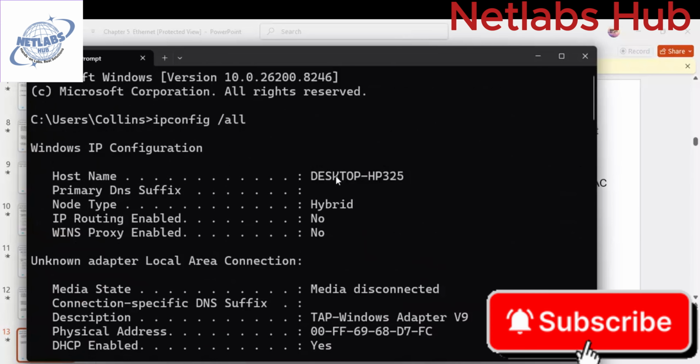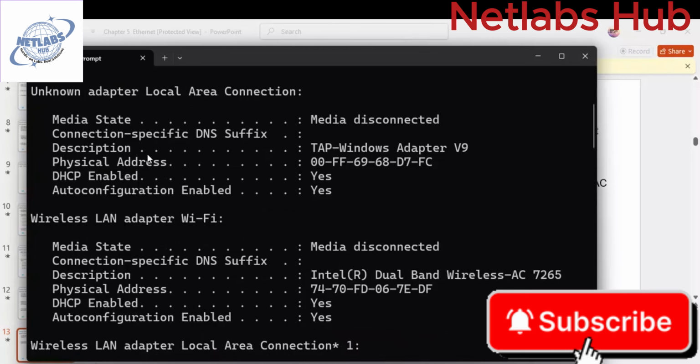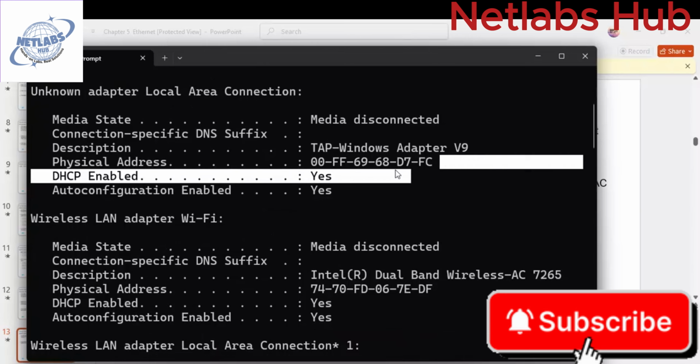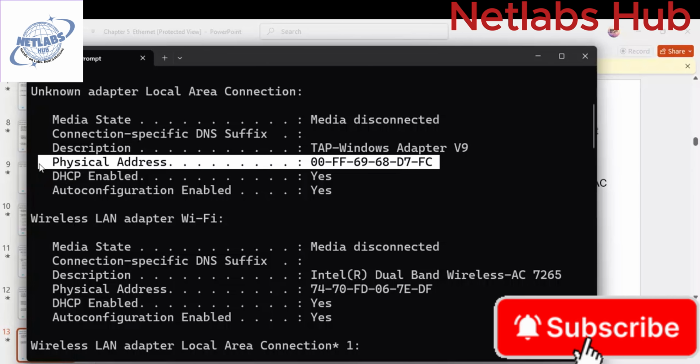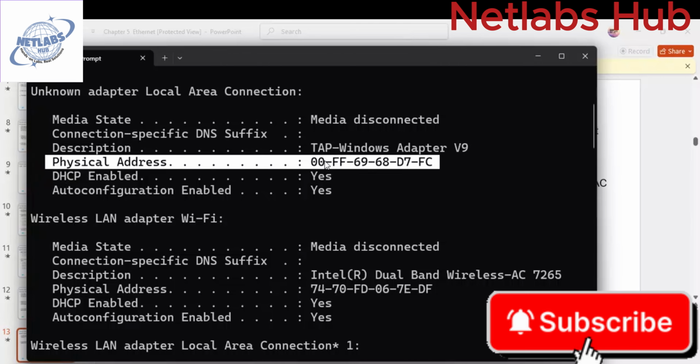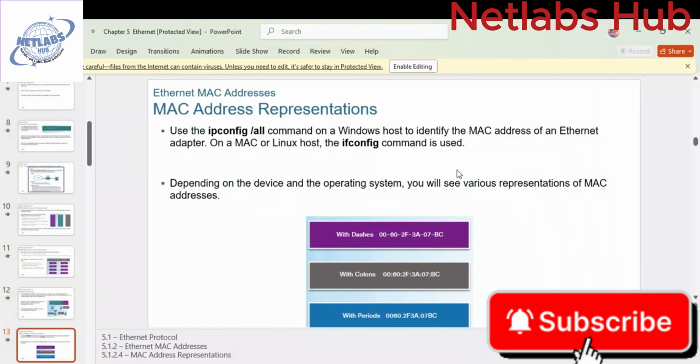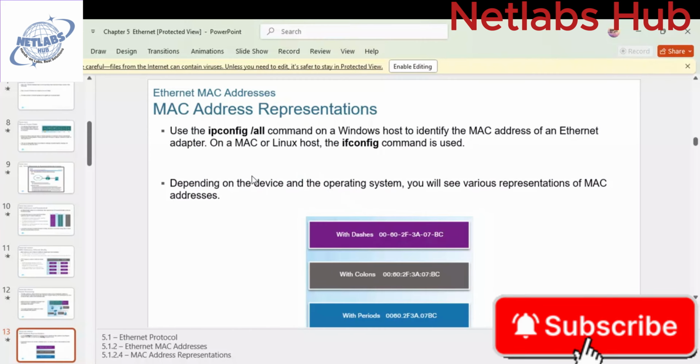You see, this is the MAC address for this machine, the physical address. This kind of address is burned into a chip, and you find that these 3 bytes identify the vendor.